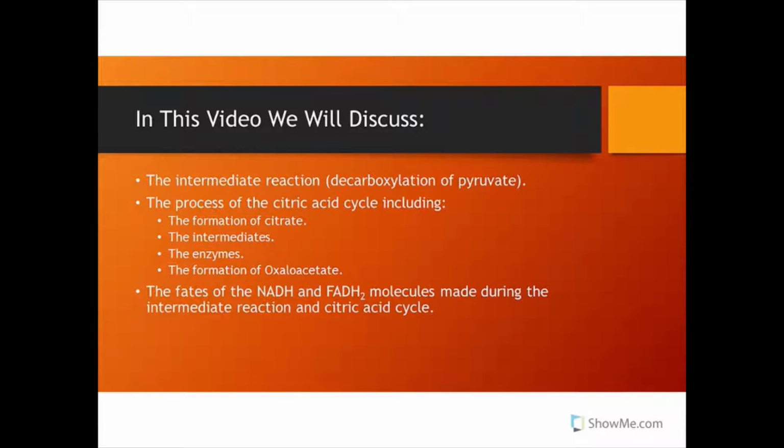So what we're going to start off with, of course, was our whole process that after glycolysis, we produced a 3-carbon compound that was called pyruvate. What I did in mine is I always just draw the carbon skeletons.